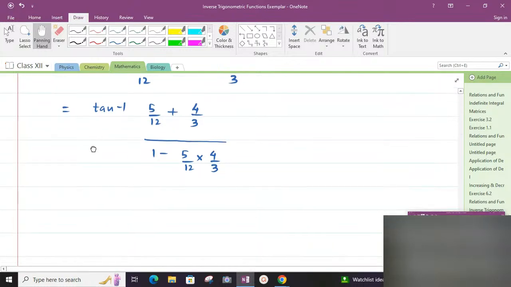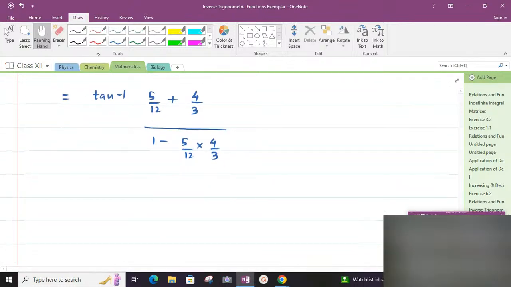Let's see the next step. It will be equal to tan inverse, and the LCM of 12 and 3 will be 12. So we write down here 12, and here will be 5 plus 3 times 4, which is 12.